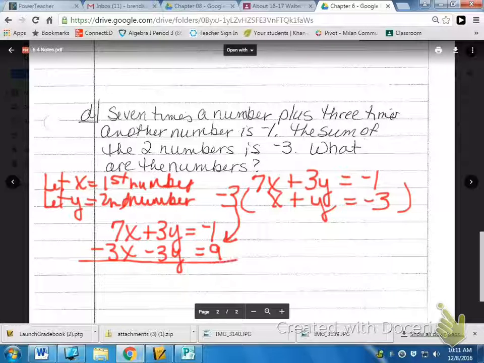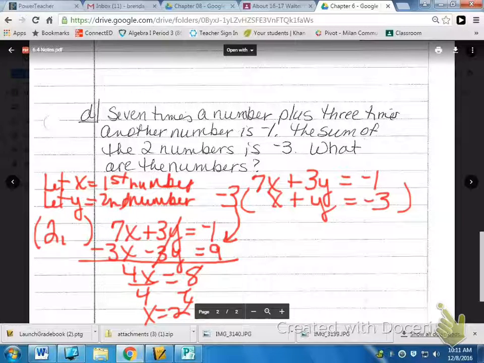Okay, combine them together. The y's fall out. 7x minus 3x is 4x. Negative 1 plus 9 is 8. Divide by 4, x is 2. That is half of my solution, so 2, something.